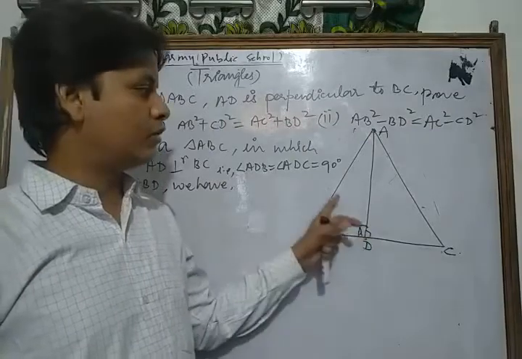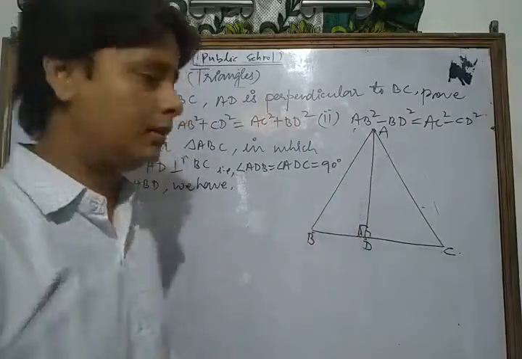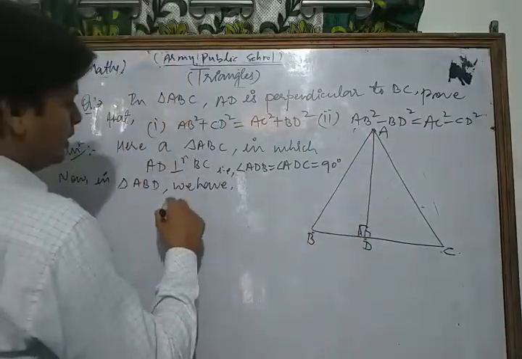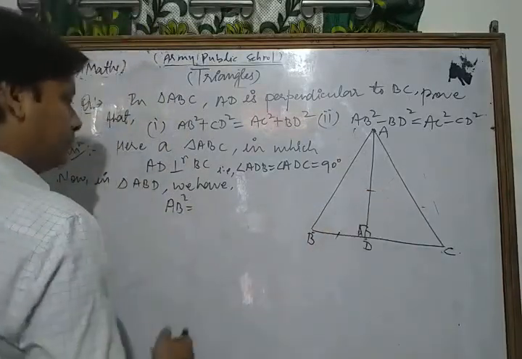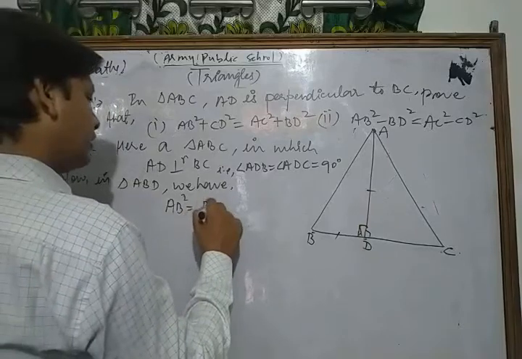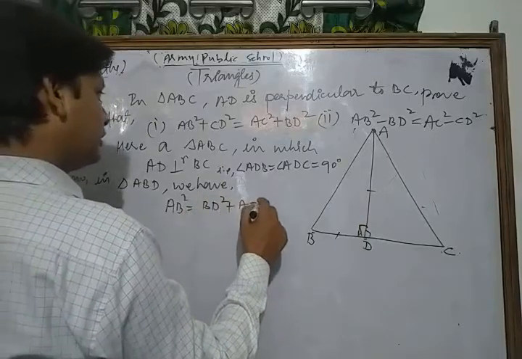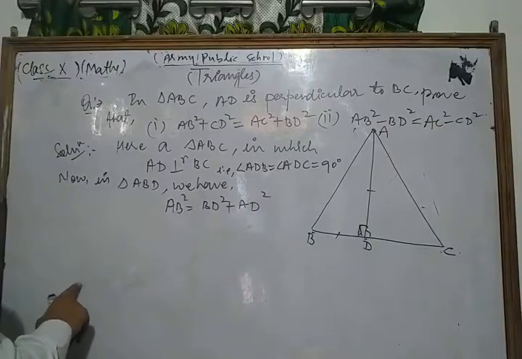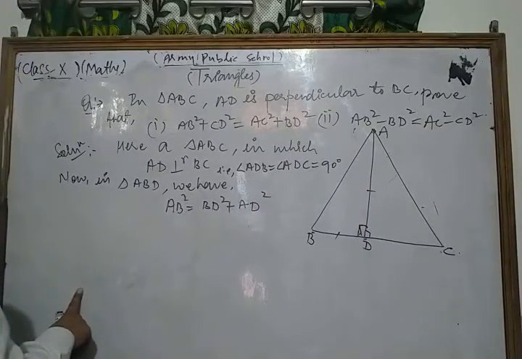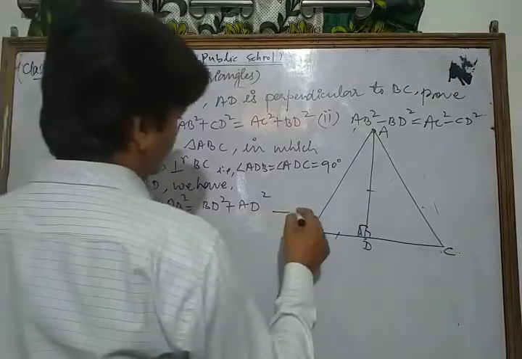According to that, the square of the hypotenuse AB is equal to the sum of the squares of its base and its altitude, that is, AB square is equal to BD square plus AD square. Take this as equation number 1.